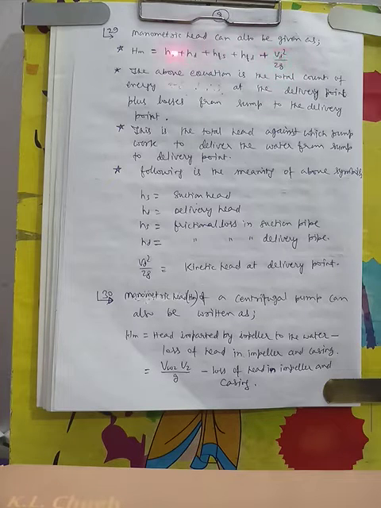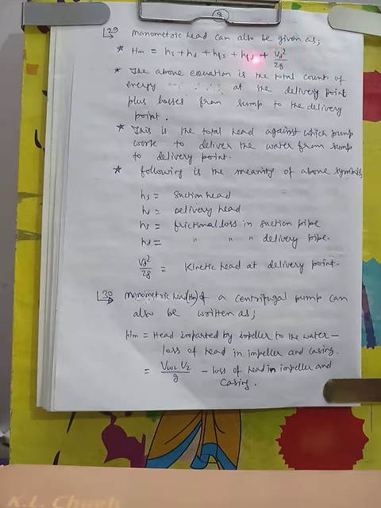So if we calculate the total energy of water at the delivery point, what we will get? Suction head, and this will be total potential head, Hs plus Hg. This is the total potential head at the delivery point. And these two will be losses in suction and delivery pipe, and plus this is the velocity head at the delivery point, and the pressure head will be 0 because there is atmospheric pressure.